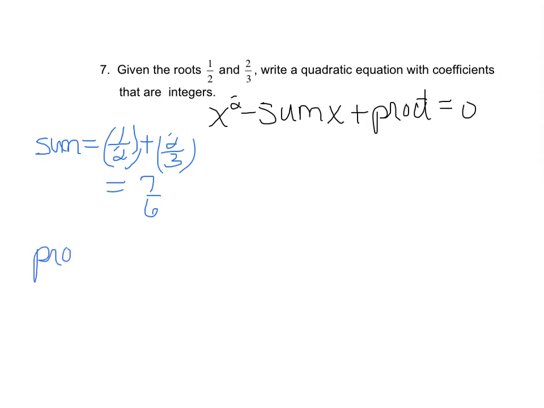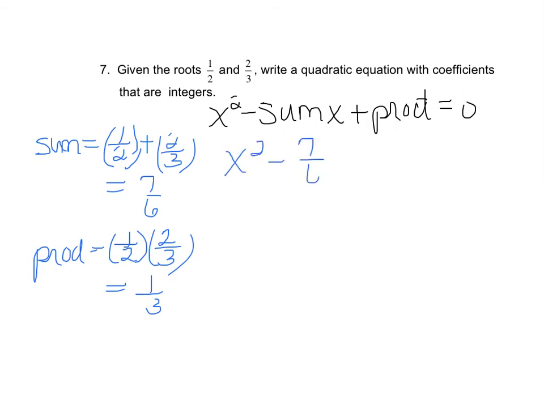Product means we're going to multiply 1/2 times 2/3. And in multiplying, we're going to end up with 2 6s, which is 1/3. So we're going to plug it in. x squared minus 7/6x plus 1/3 equals 0.